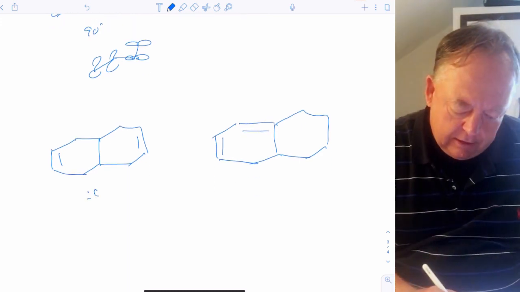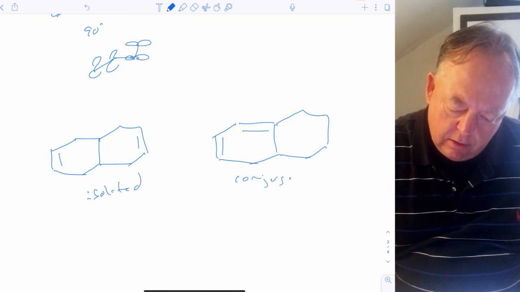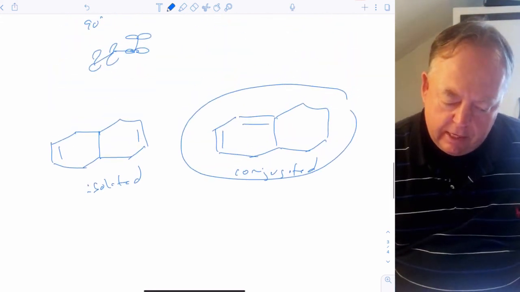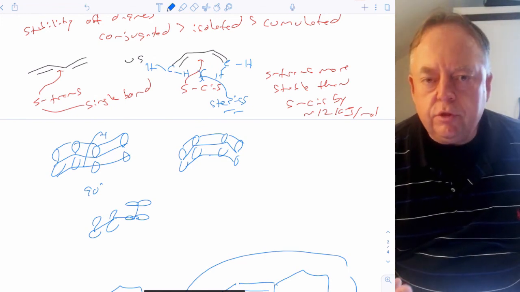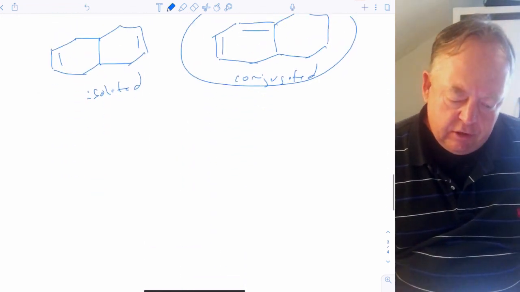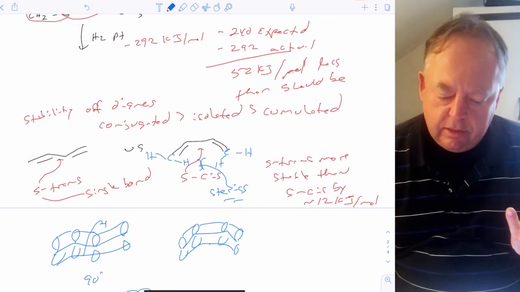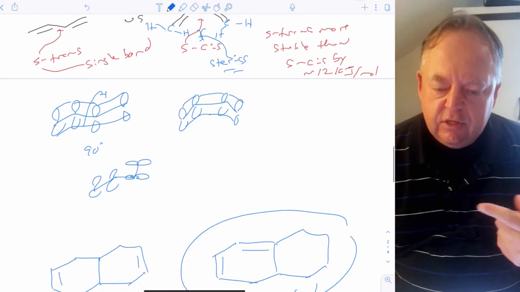So this is isolated and this is conjugated, so this would be more stable, right? Or maybe I would give you one in an S cis versus an S trans conformation and ask you which is more stable. So then you simply have to know that conjugated is more stable than isolated, which is more stable than cumulated, and S trans is more stable than S cis for steric reasons.